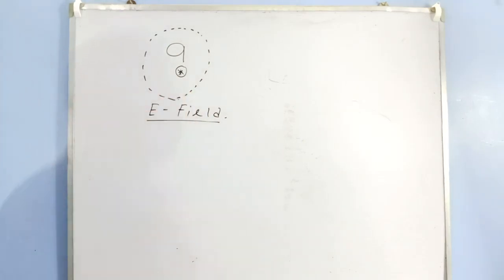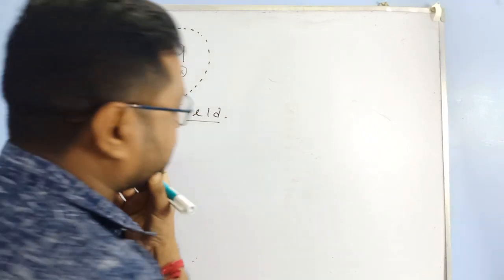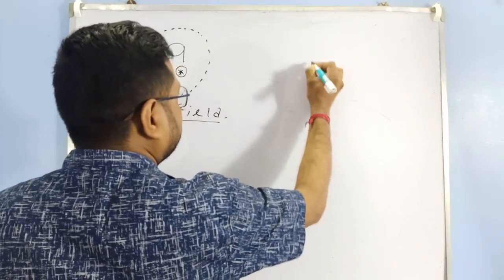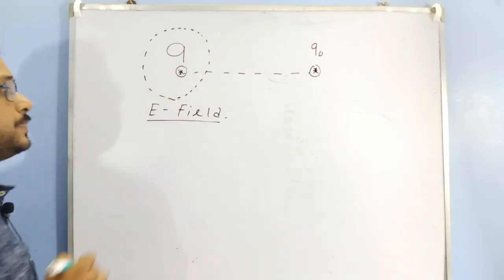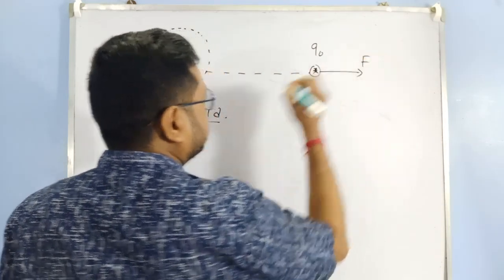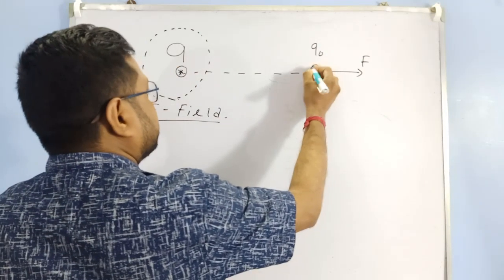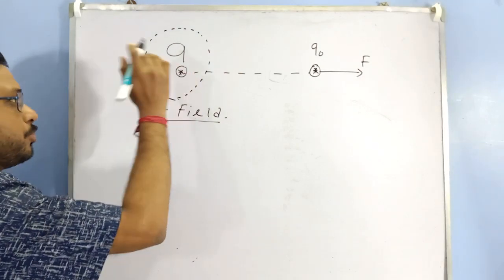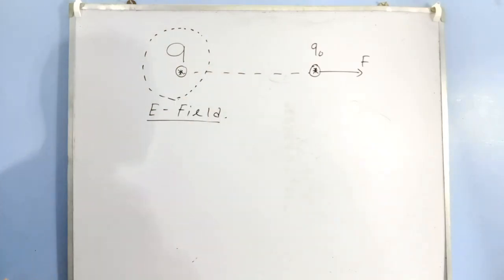So how do we know the existence of this field? If we take another charge Q0 at some distance from Q, then a force will be exerted on Q0. So this force shows that the charge Q produces a field around it.